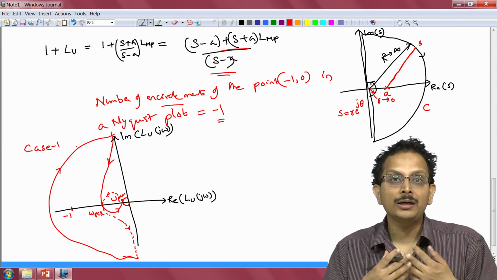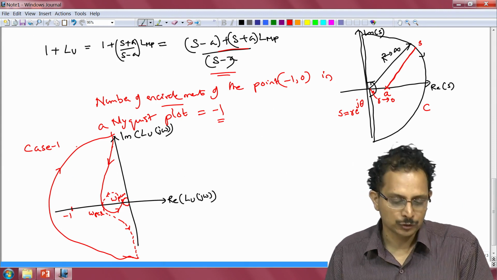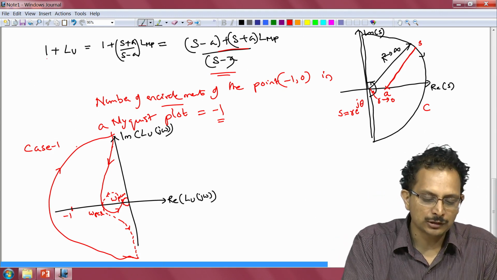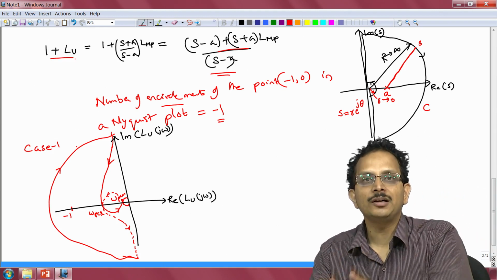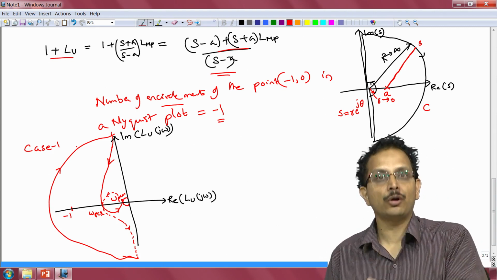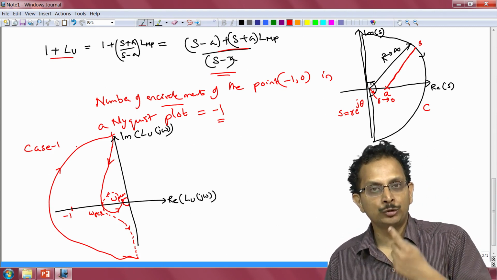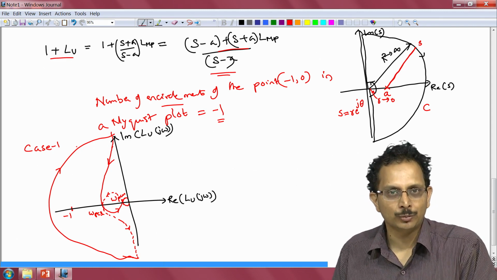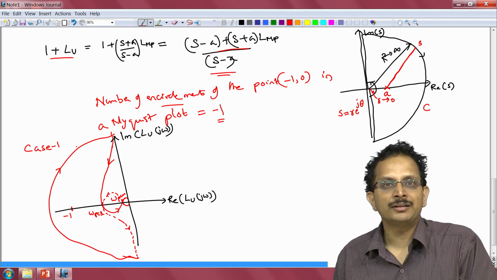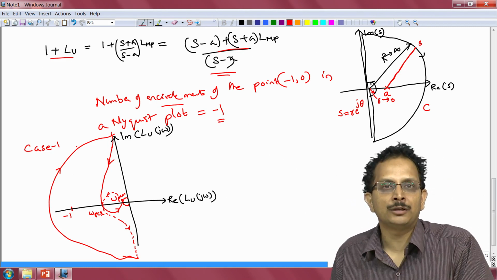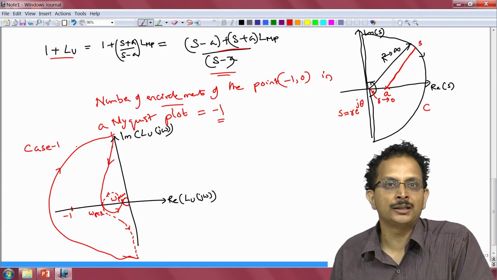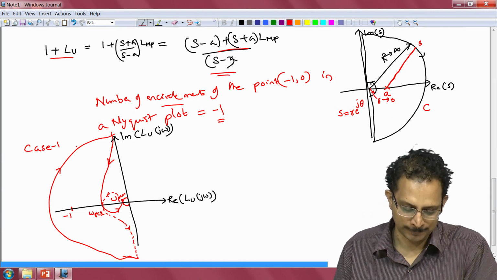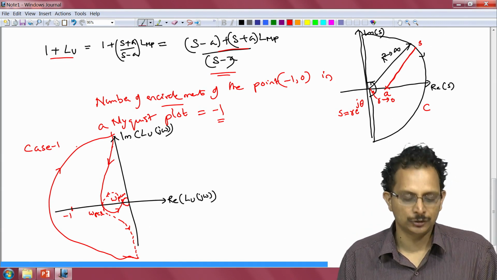Now if we have one clockwise encirclement of the point -1, what it indicates is that two of the zeros of the transfer function 1 plus Lu are within the D shaped contour, because if two zeros are within the D shaped contour, these two zeros together contribute to two clockwise encirclements of the point -1, and when combined with one counterclockwise encirclement of the point -1 due to the term s minus a in the denominator, we would have a net of one clockwise encirclement of the point -1, and that is precisely what we are seeing in this particular case.